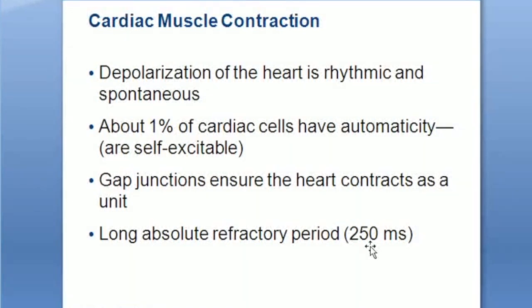The why is an electrical reason, which I'll explain in a second. But what we'll notice with the heart is that a heart has to rest after every contraction.